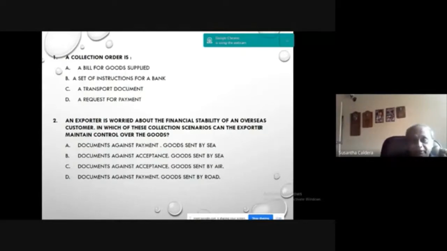What is the answer? B, sir. B. A set of instructions for a bank. An exporter is worried about the financial stability of an overseas customer. In which of these collection scenarios can the exporter maintain control over the goods?